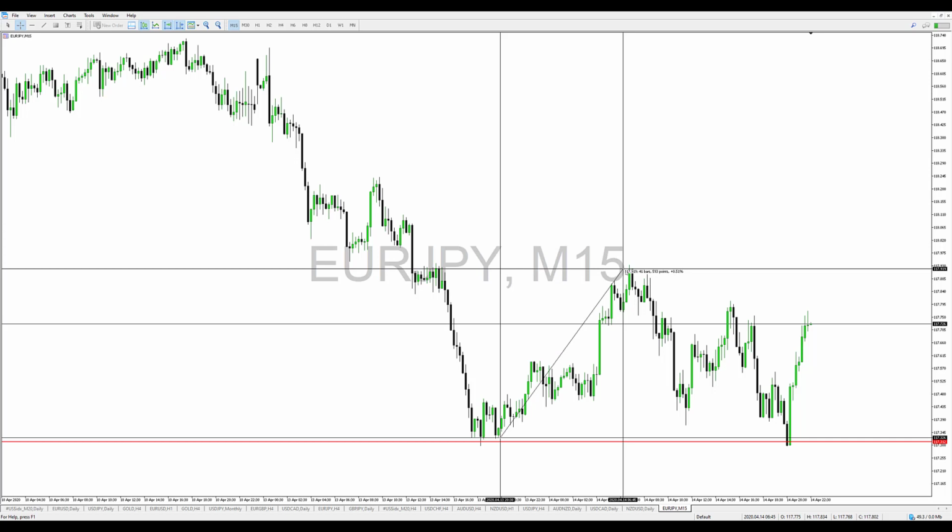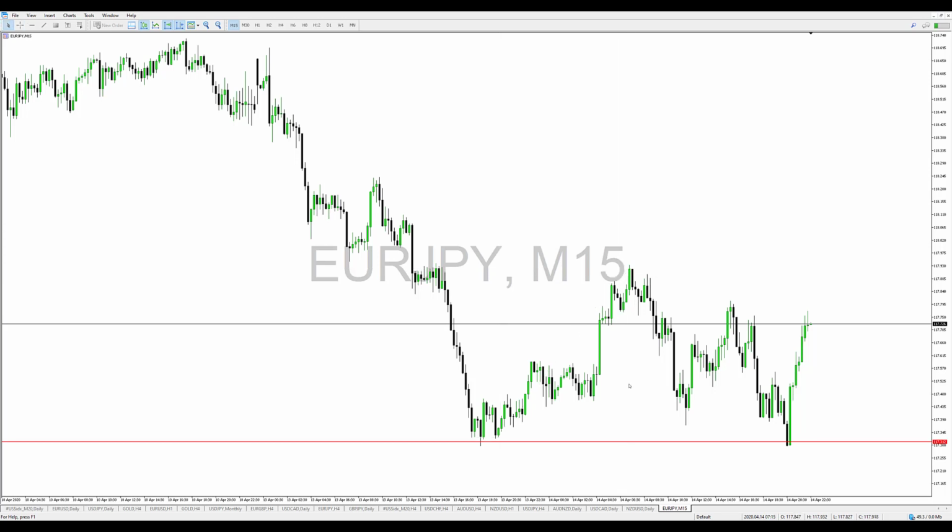So you can clearly see that this pair, Euro JPY, since yesterday, offered you two highly possible trades from a support level. This would have been yesterday's entry, this would have been today's entry.